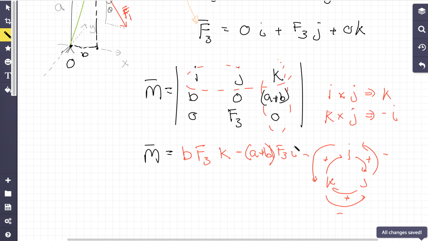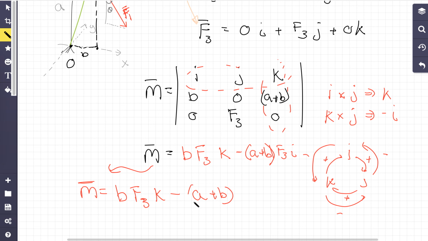and that is in the I direction. So again, you can put in the numbers, but let's expand this out a little bit. So we have this m, and I'm just going to rewrite it here. The m vector: we have b times f3 in the k, minus a plus b, that's the r vector in the k direction, times f3, and that's in the I direction.